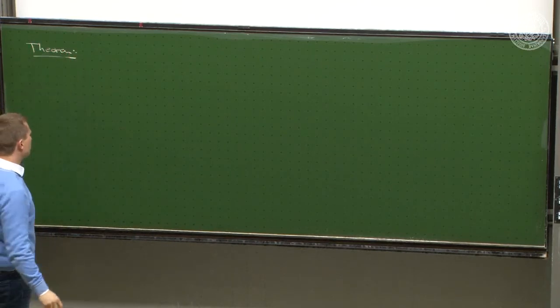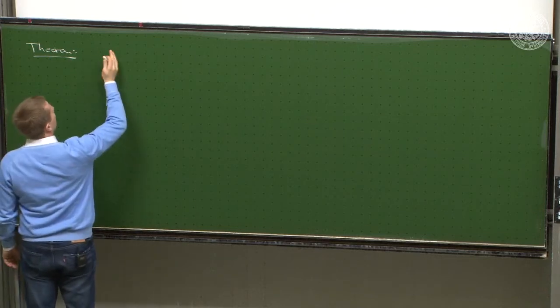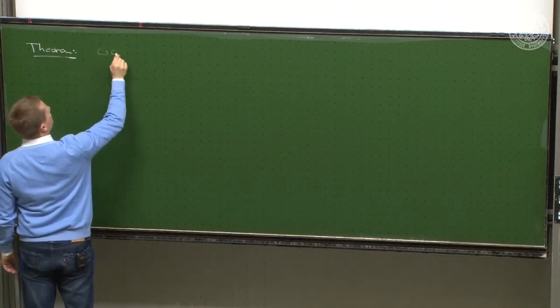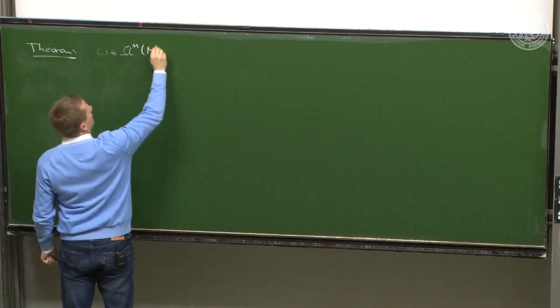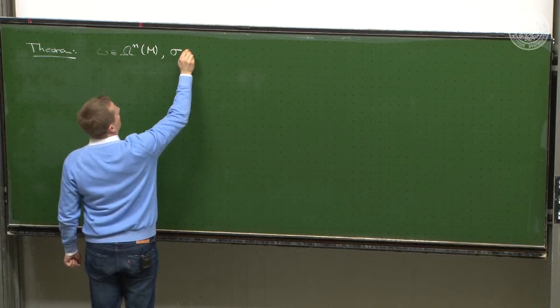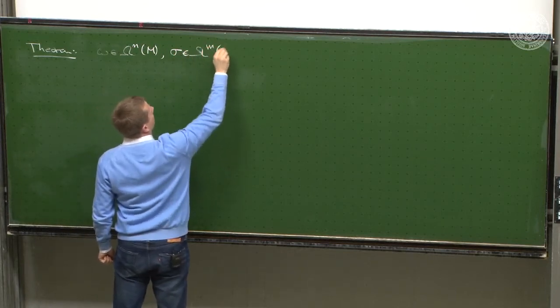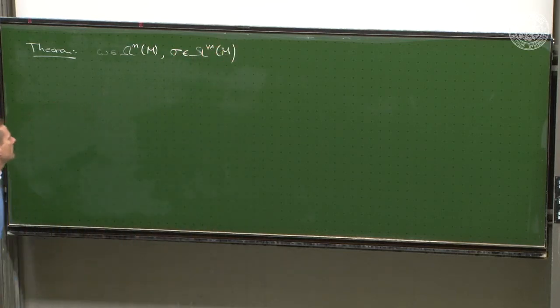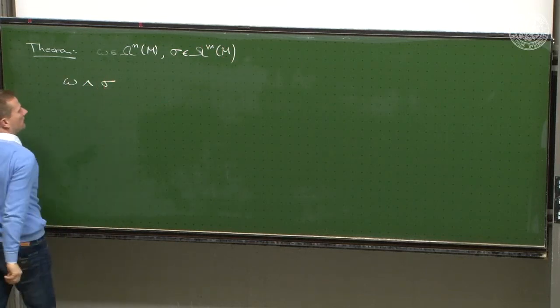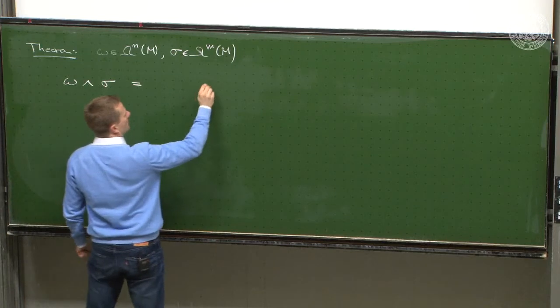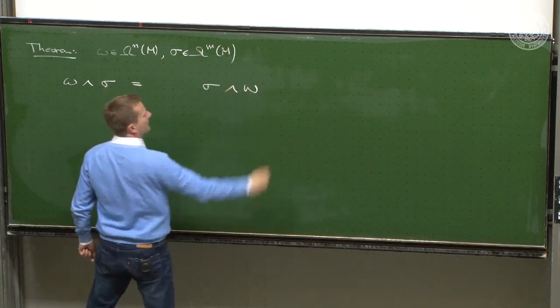So if you restrict to particular n-form subspaces, so if you take omega to be an n-form, and you take sigma to be an m-form on a smooth manifold, then you want to compare omega wedge sigma to sigma wedge omega.